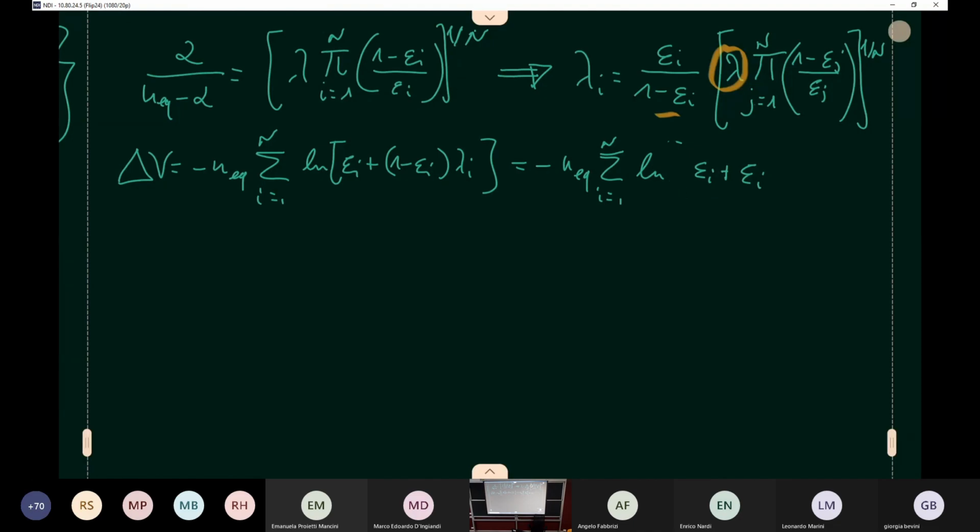Now let me also adjust this. That will be our lambda and then the product j equal 1 to n, 1 minus epsilon j over epsilon j, to the power 1 over n, close parenthesis.